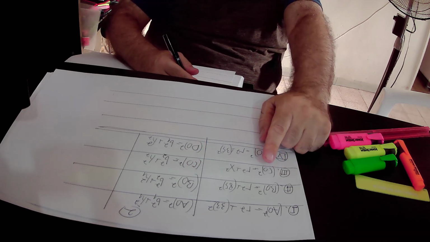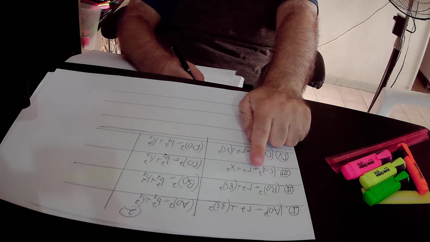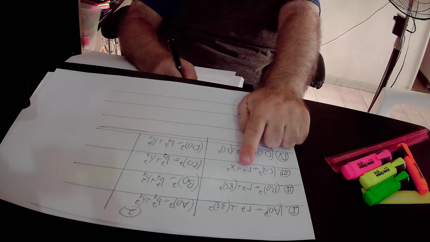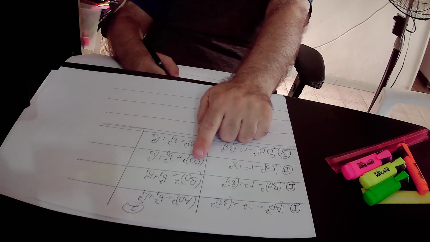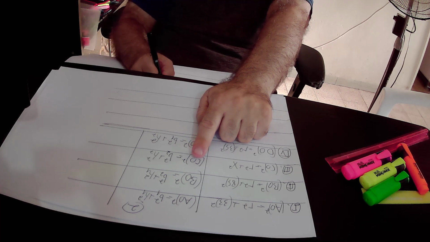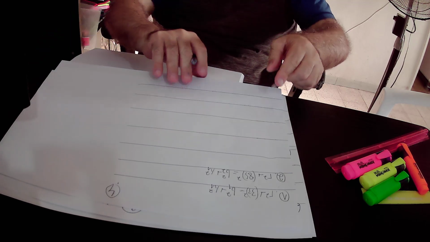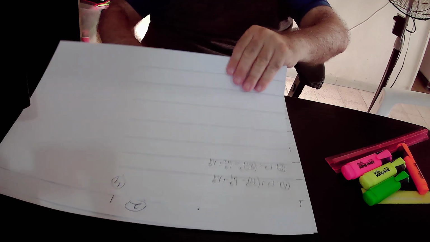So BO square according to equation number 2 is equal to R square plus 85 square, and it must be equal to BO square according to this equation, that is actually equal to B2 square plus H1 square. So in conclusion, according to equation number 2, we found out that R square plus 85 square equals B2 square plus H1 square.